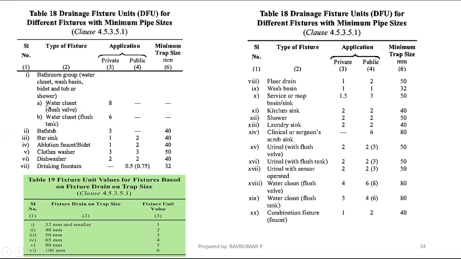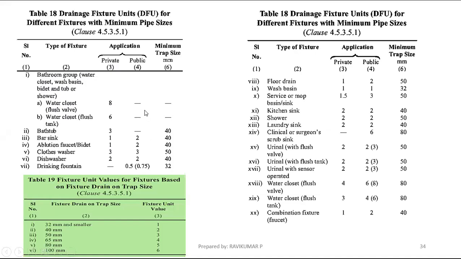In that, suppose you are using a water closet with a flush wall type in this bathroom group, then for this group you have to take eight fixture units. This is private. Why have they provided private and public? Private means your house.